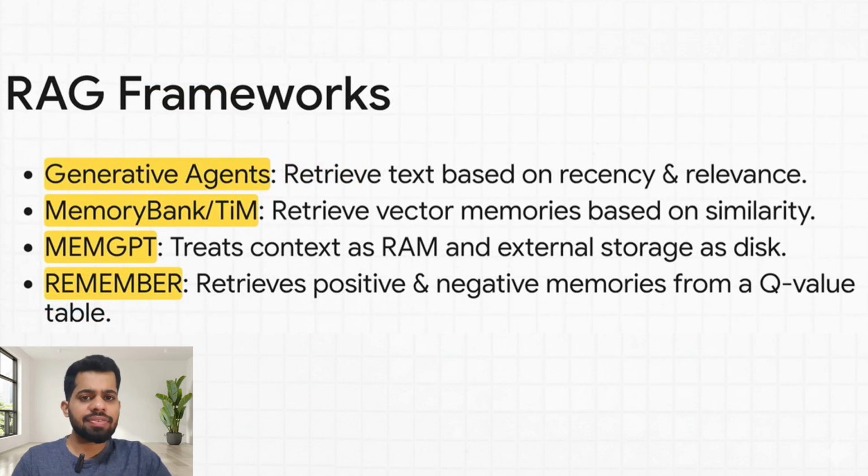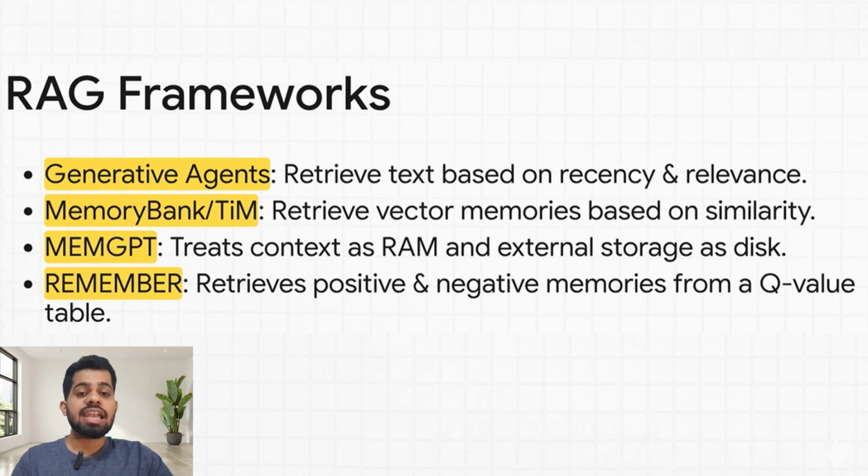Frameworks like Generative Agent just store memories as plain text, while MemoryBank kind of frameworks get a little more technical and turn this experience into mathematical vectors so they can find memories that are conceptually similar. Then you have got the REMEMBER framework, which even keeps track of good and bad memories as well.